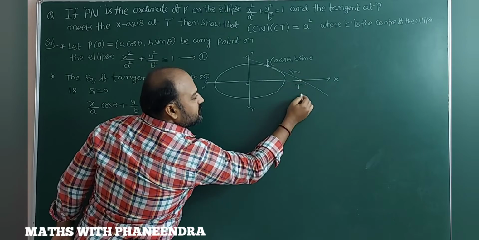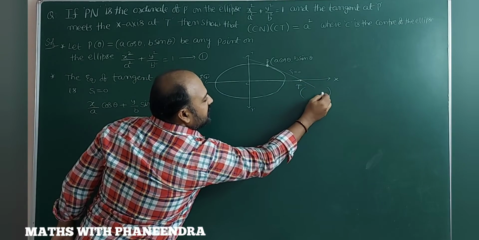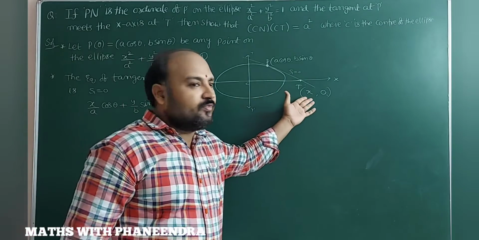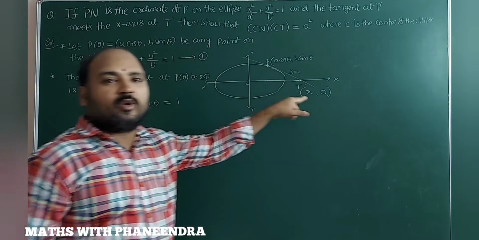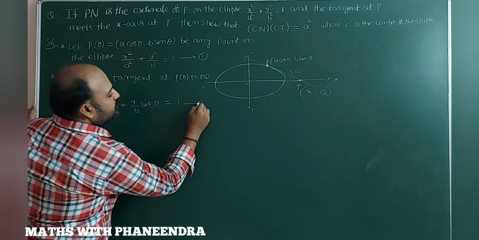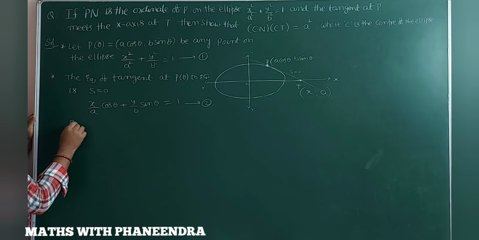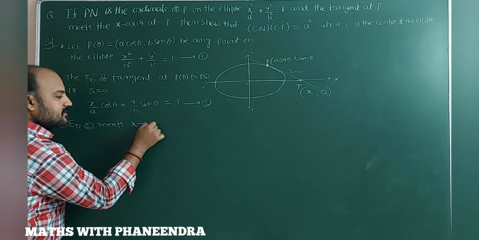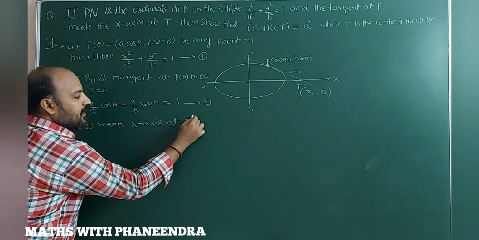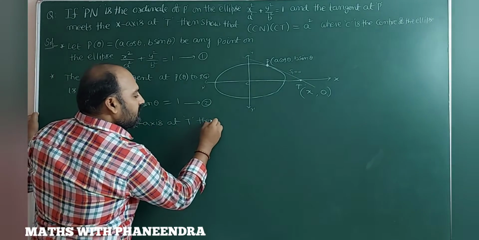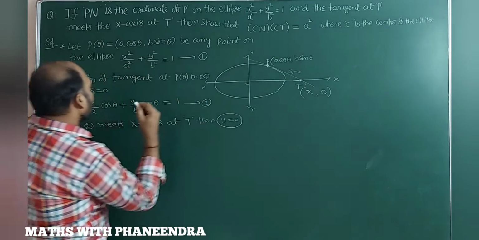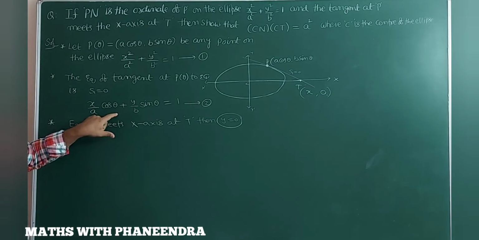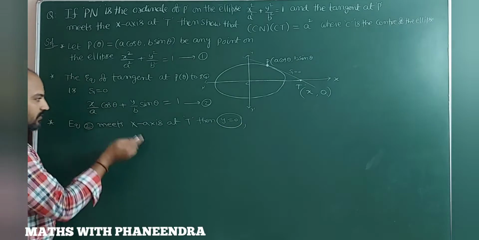So on the x-axis we know that the y coordinate is obviously 0. So that means (x, 0). How to get the x value? y is equal to 0, substitute in S1 equal to 0, equation 2. Equation 2 meets the x-axis at T, then y is equal to 0.